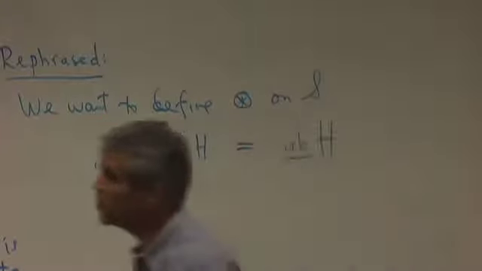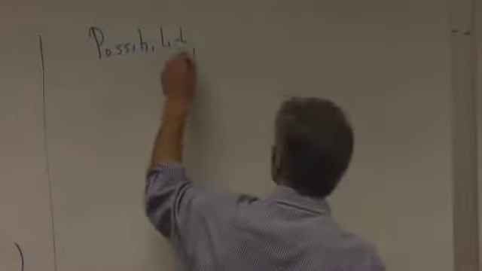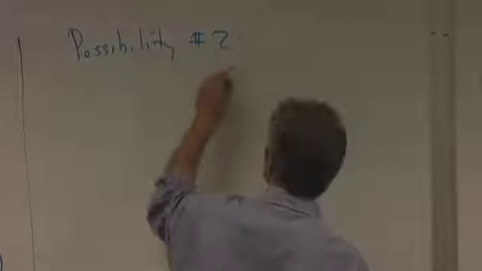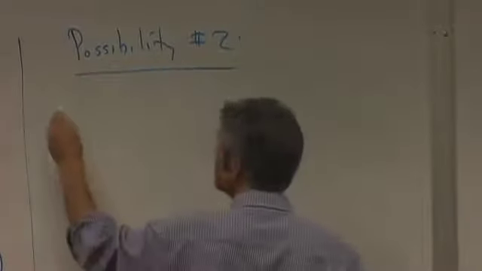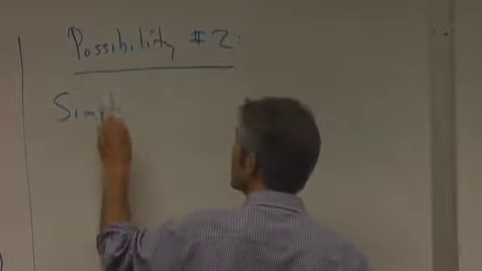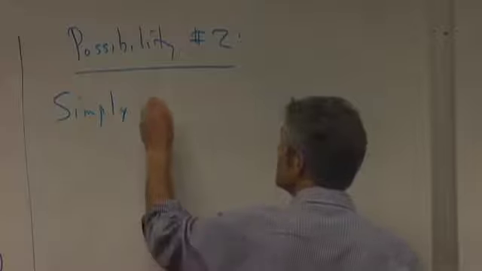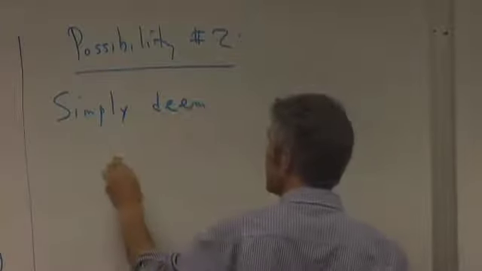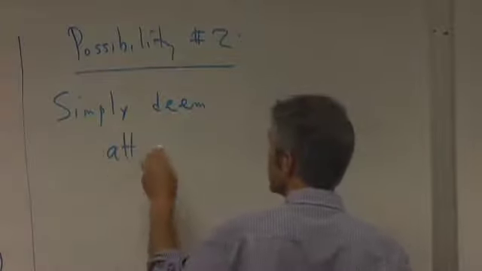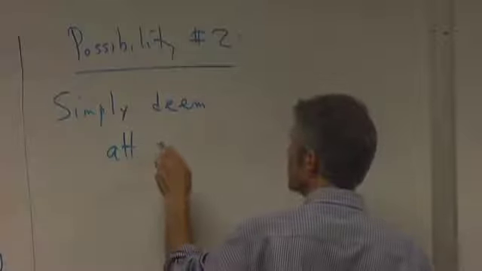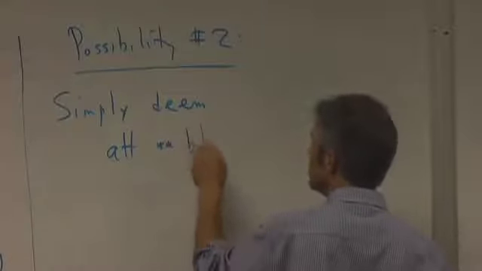So let's try possibility number two. Because possibility one failed, possibility two is simply to forget the set multiplication and deem AH star BH, or something like that, to be equal to ABH.